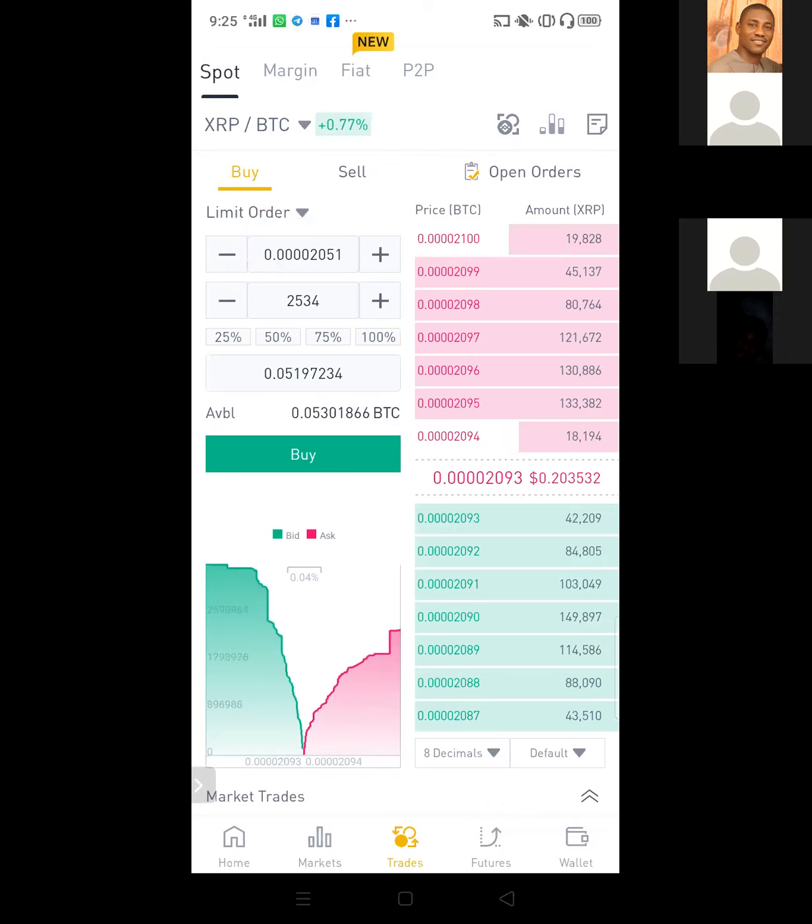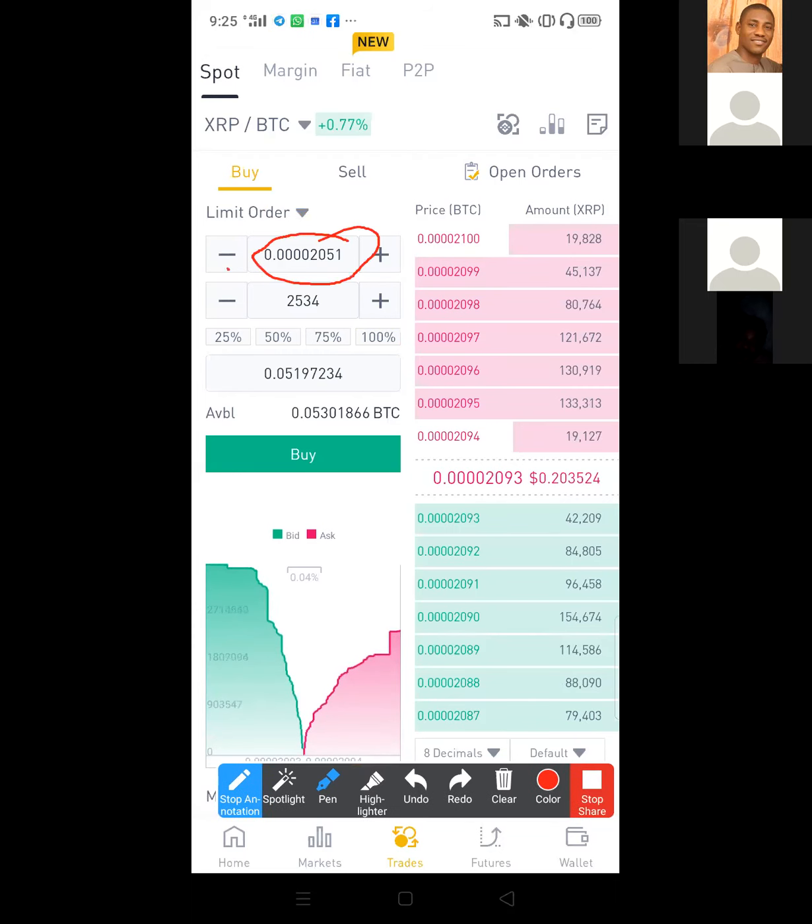This is what I did: I tap on this minus sign to reduce the price, in Satoshi, to 2,051. Remember, it was far higher than this.